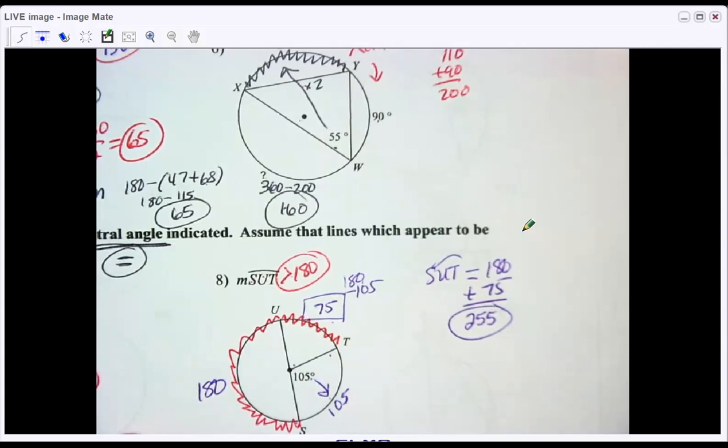You could have added these two together and subtracted from 360 to get this one. That'd be more work, I think. But to get SUT, S to U to T, find this one in this case, and then add them together. Questions on that one?